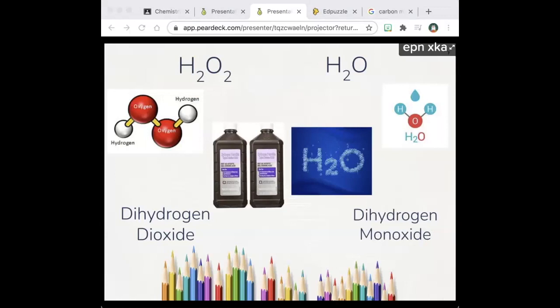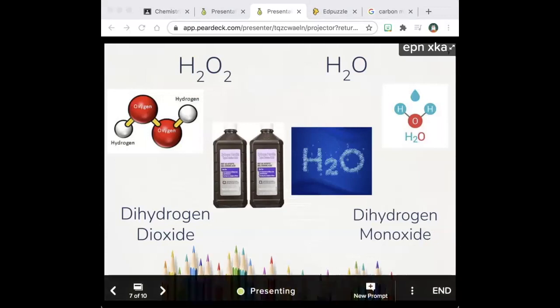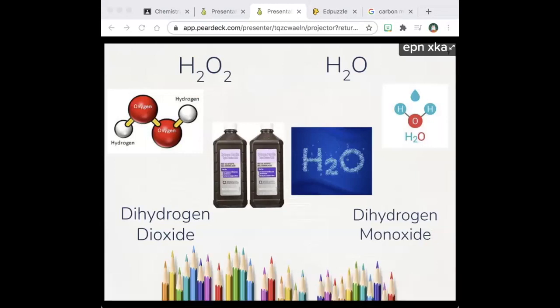And that's because these are completely different chemical compounds. We are going to see that if we change even one number of the element, it's going to be a completely different chemical compound. This is just one example. The hydrogen peroxide you buy at the drugstore is actually only about 3% hydrogen peroxide.